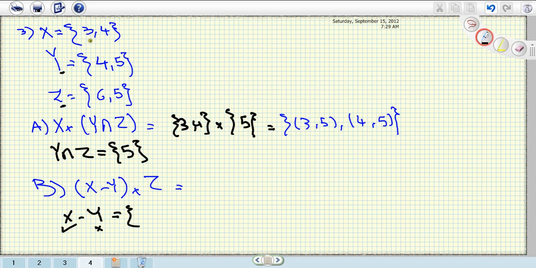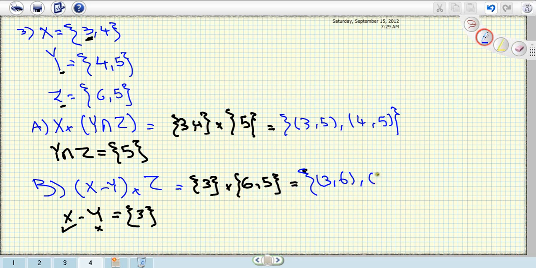We have 3, which belongs to x and doesn't belong to y. So here the answer is 3. So I'm gonna write here 3 and z, which is 6 and 5. So the answer here is 3 and 6, and another ordered pair, which is 3 and 5.